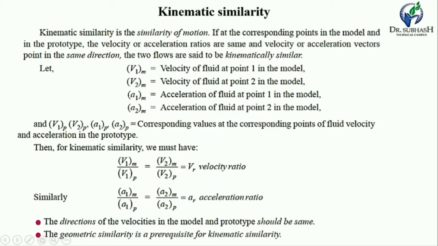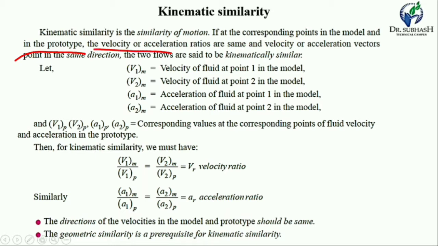Now see kinematic similarity. Kinematic similarity is similarity of motion. If at corresponding points in the model and prototype the velocity and acceleration ratios are the same, and the velocity and acceleration vectors point in the same direction, the two flows are said to be kinematically similar.